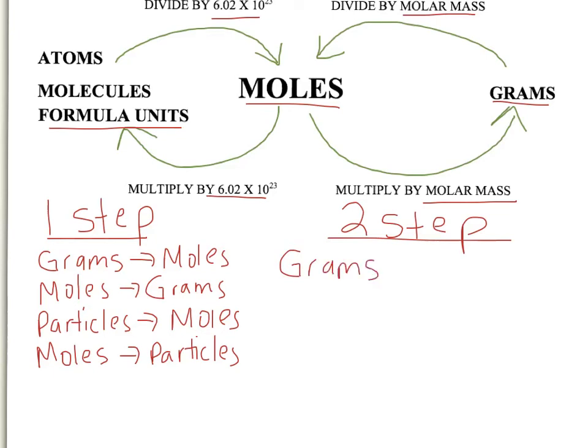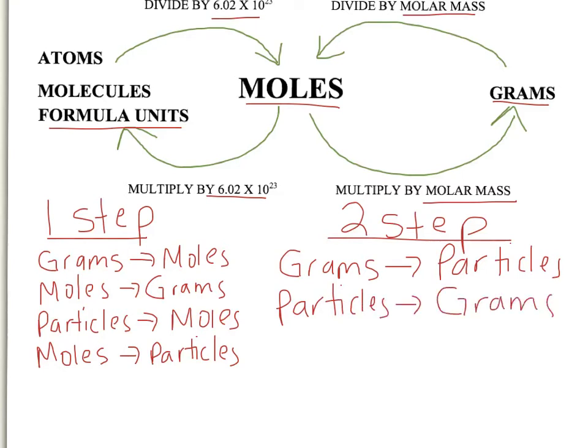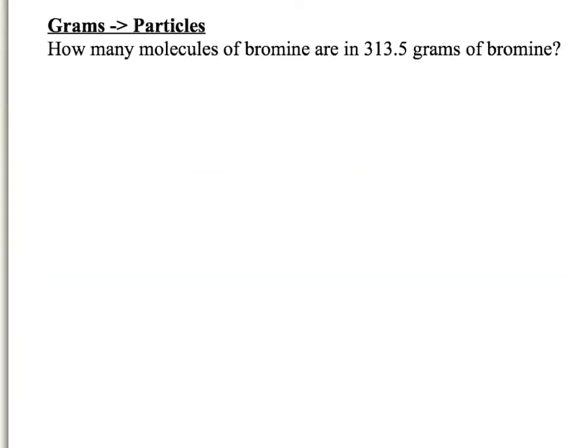So you can either start with grams and go to particles, or other way would be starting with particles and converting to grams. So I'm going to be working out one of each of those problems. So if you look there, that is 6 possible problems that you're going to be responsible to know how to solve on your test.